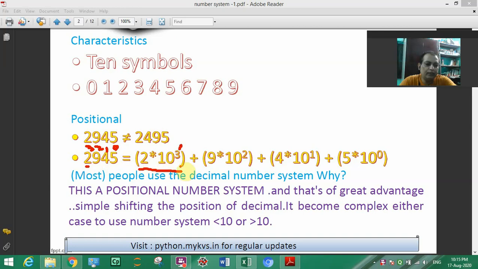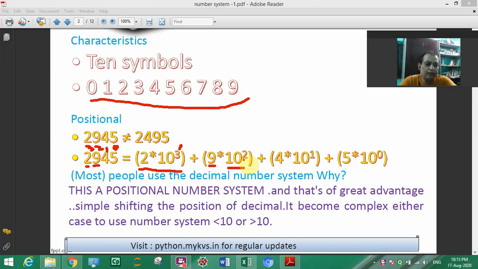So 2 into 10. Why 10? Because it is written in decimal number system, which has 10 digits. And why 3? Because 3 is the index number of this 2. So 2 into 10 to the power 3. Again, the second digit 9 into 10 to the power 2, because the index number of 9 is 2.